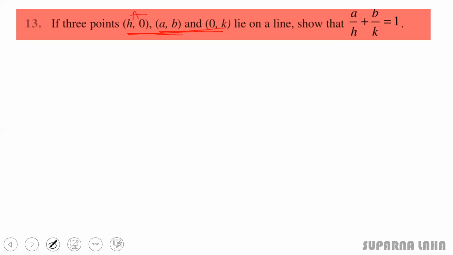If we take this as A, this as B, and this as C, the slope of the line segment AB and the slope of the line segment BC will be equal, since they lie on the same line.